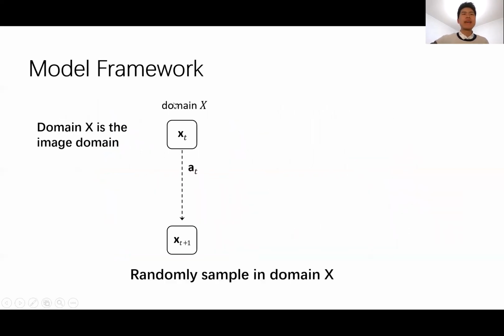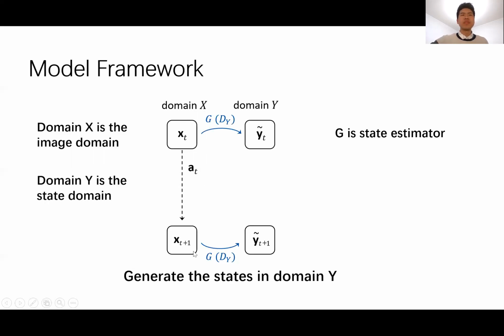So here we have domain X, that is the image domain. And we have a lot of random samples in this domain that are represented as a triplet tuple, xt, at, and xt plus 1. So here xt is the current image, at is the action, xt plus 1 is the next image. And then we have domain Y, that is a state domain. And we have a state estimator G, a convolutional network, trying to estimate the state from the image.